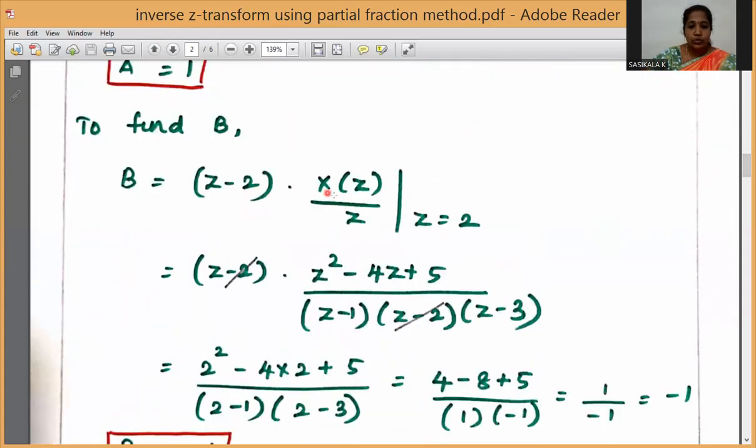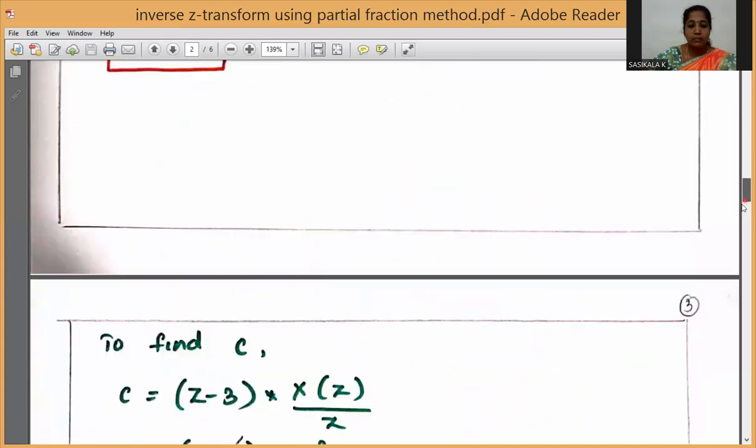So (z − 2)(z² − 4z + 5) divided by (z − 1)(z − 2)(z − 3). The (z − 2) term cancels, and for the remaining terms we substitute z = 2. So (2² − 4·2 + 5) / ((2 − 1)(2 − 3)) gives minus 1. So B is equal to −1.